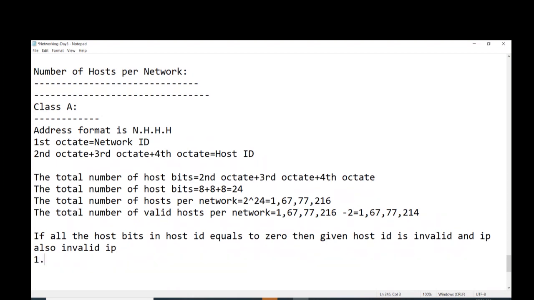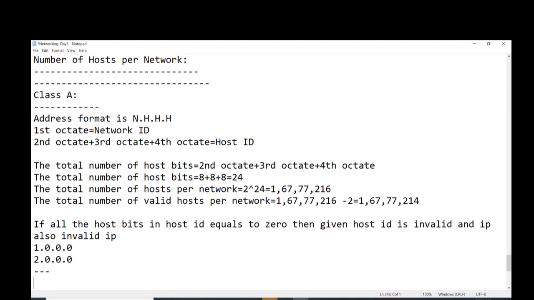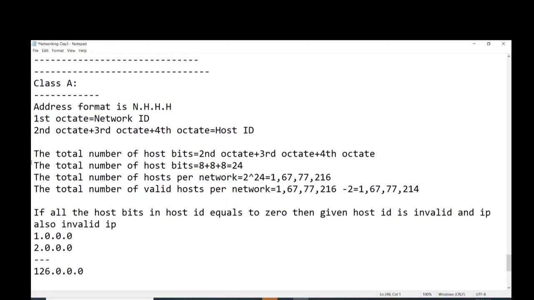That means 1.0.0.0 or 2.0.0.0, like this, going up to 126.0.0.0, all are invalid IPs, because the network ID is valid but the host ID is invalid, so the given IP is invalid.